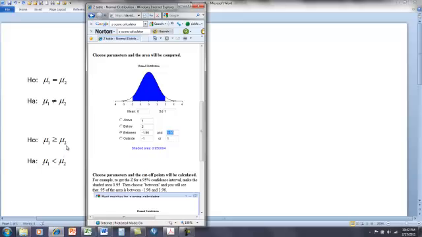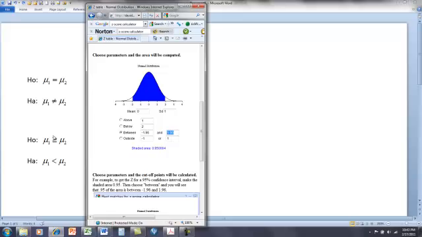But that's what they are. A two-tailed test is one in which the null hypothesis concerns equality. Simply say the population mean, this mu, of one population is equal to the population mean of population 2, and the alternate says they're not the same.